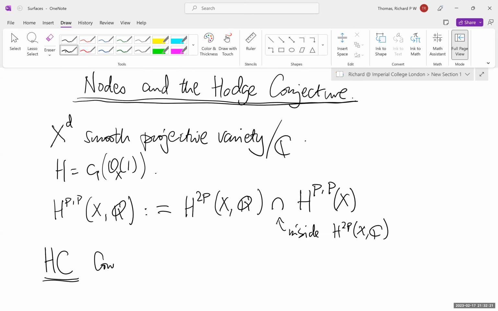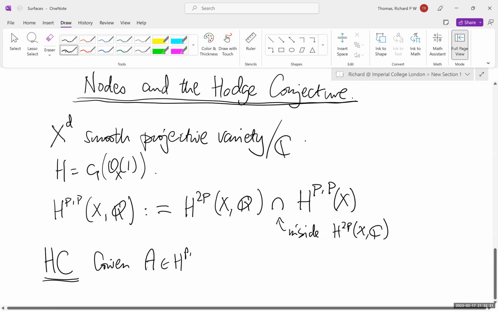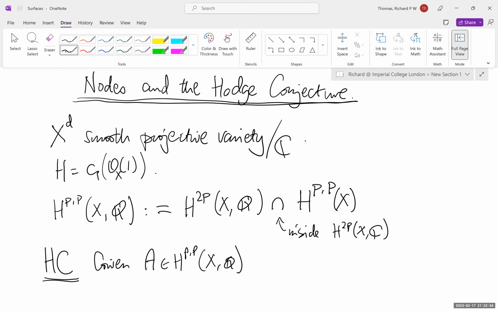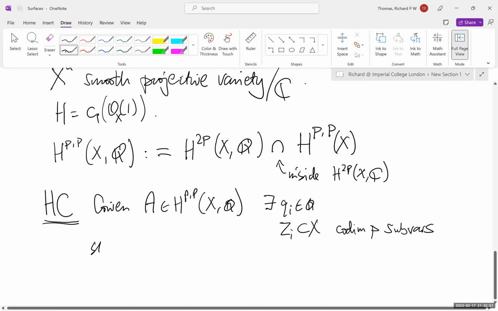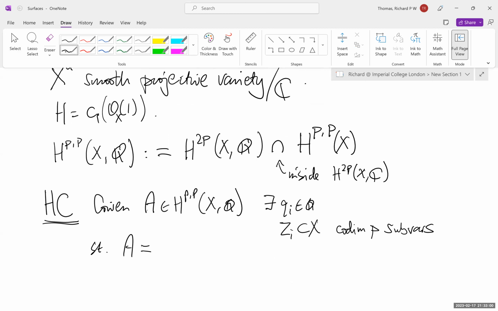Okay, and then the Hodge conjecture states that given any class A in this H^{p,p} with rational coefficients, there should be some rational linear combination of codimension-p subvarieties Z_i such that A is that rational linear combination of their Poincare duals or their fundamental classes.